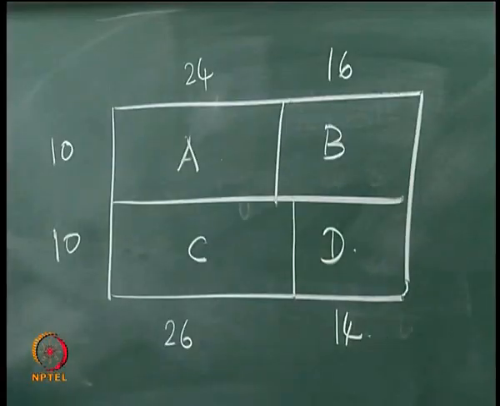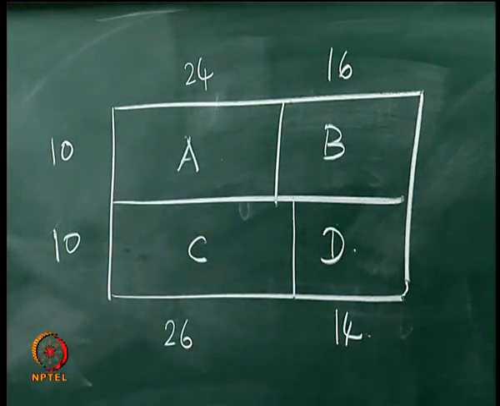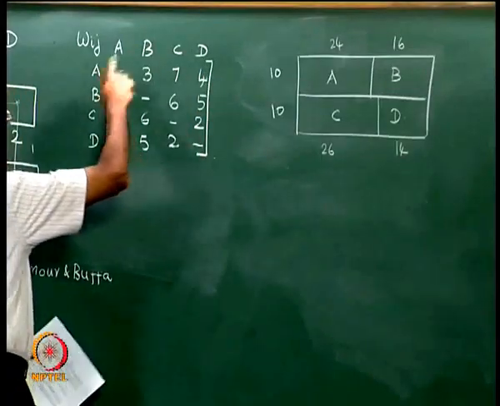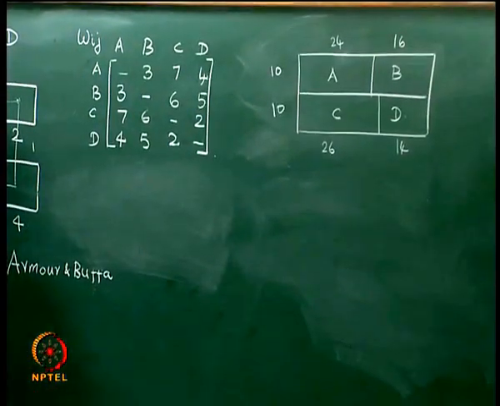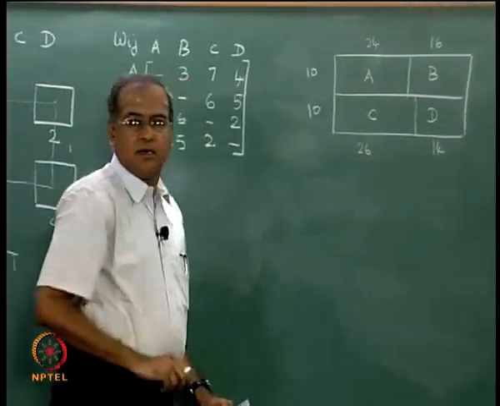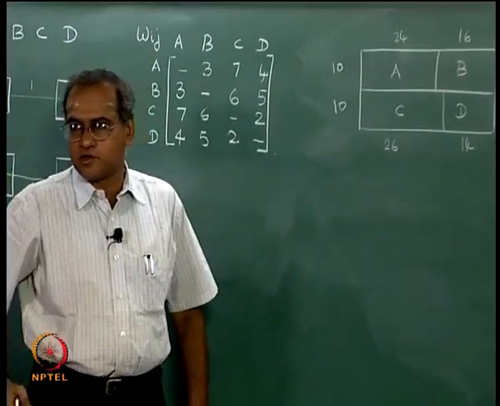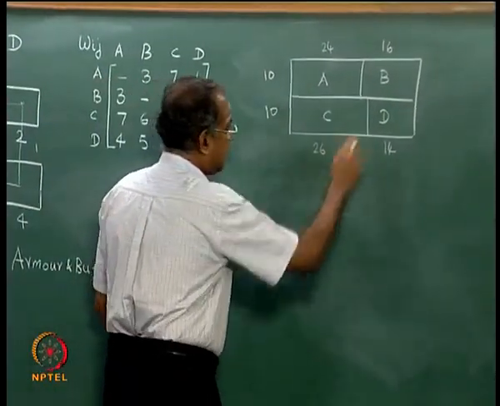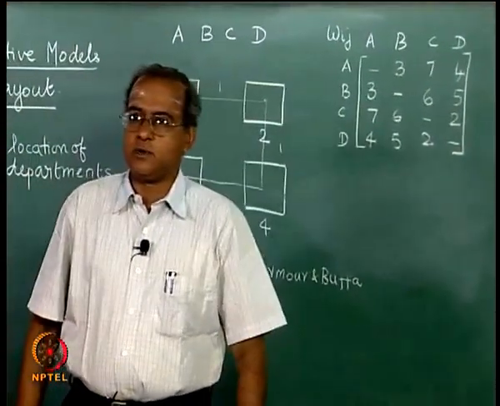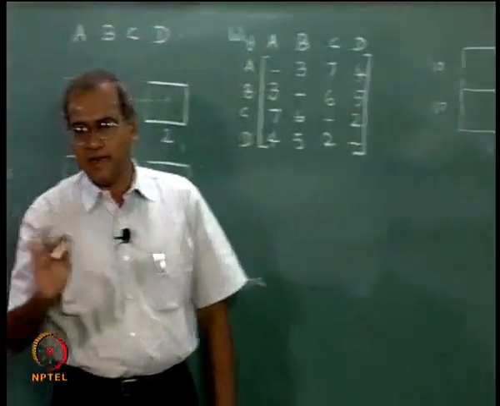Let us begin with an initial layout where there are 4 departments A, B, C, D. The material movement among these departments is given by the same Wij that we have, and this is the initial layout where A requires 24 into 10, 240 square units of area, B requires 16 into 10 square units of area, C requires 10 into 26 and D requires 10 into 14 square units of area.